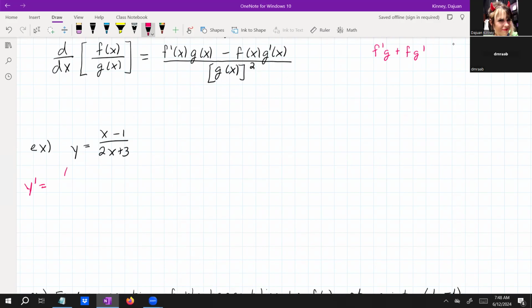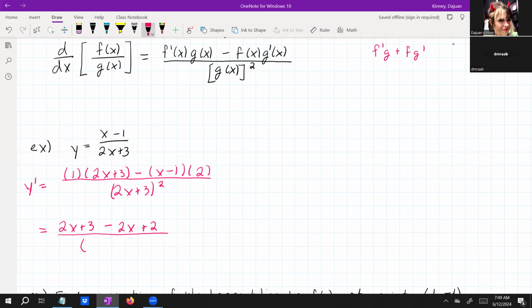You can think of this as top and bottom too, is 1 times the bottom minus the top times the derivative of the bottom, which is just 2, all over the bottom squared. All right, I will clean this up a step. Probably 2 steps. Minus 2x plus 2 all over the bottom.